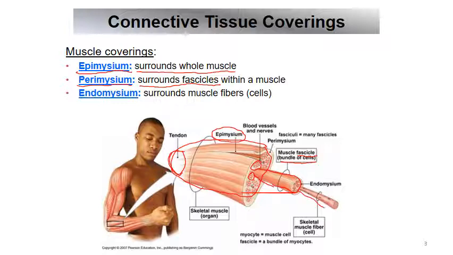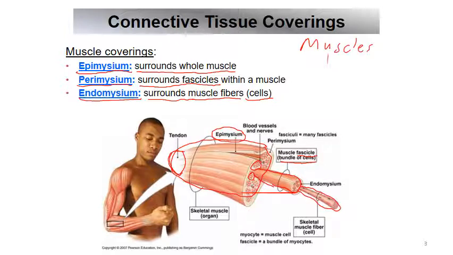Okay, so inside these fascicles, these rods, there are even thinner rods, and these thinner rods are called the muscle fibers. And so they took out one of these here to show that there are even smaller rods inside. So then surrounding each muscle fiber, and also let me say this here, each muscle fiber is also known as a muscle cell. So the endomysium is the connective tissue that surrounds the muscle fibers or the muscle cells.